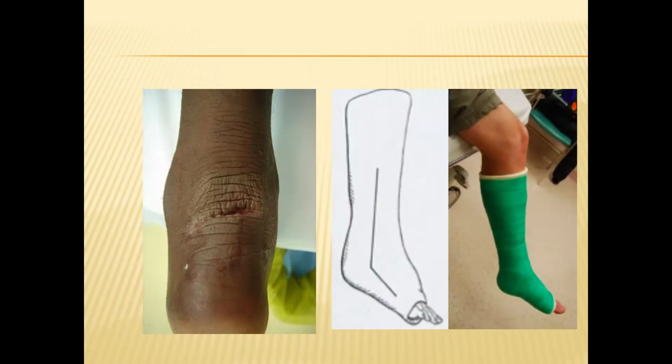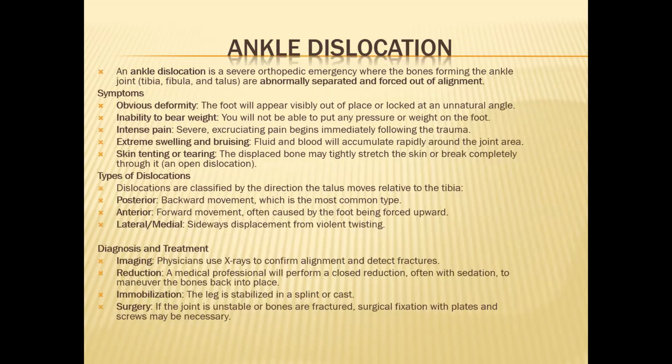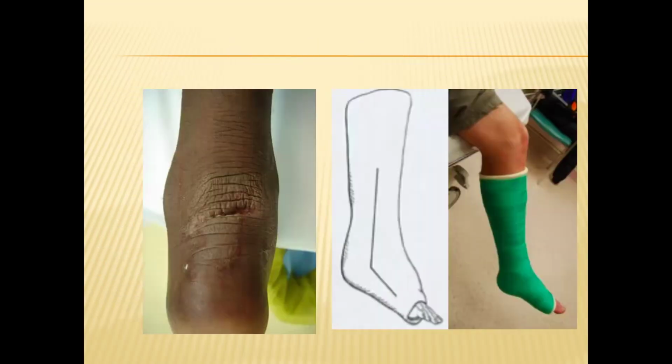We can see the cast applied in the position of plantar flexion. Otherwise, if there is a fracture of the distal tibia, we apply the cast keeping the angle at 90 degrees.